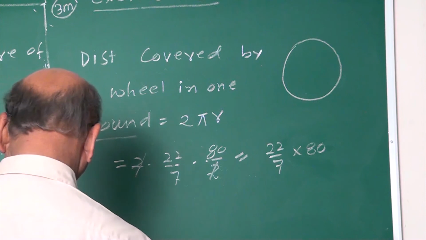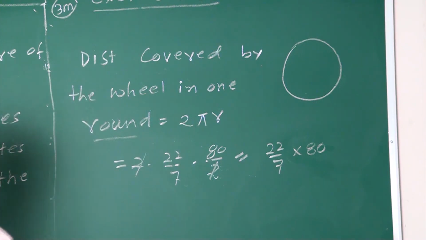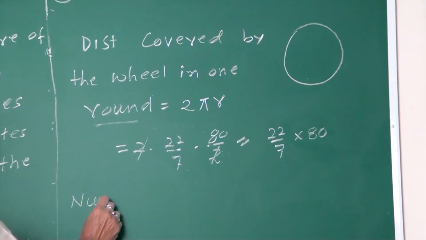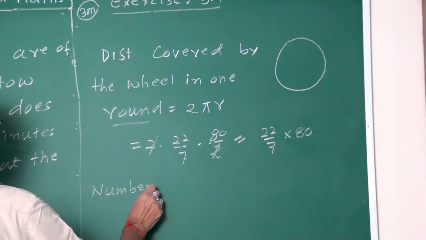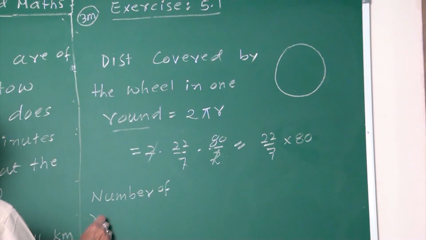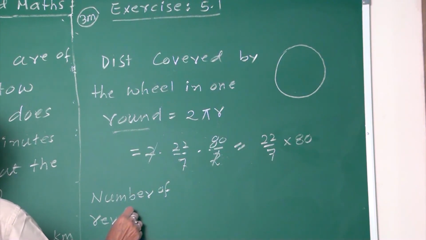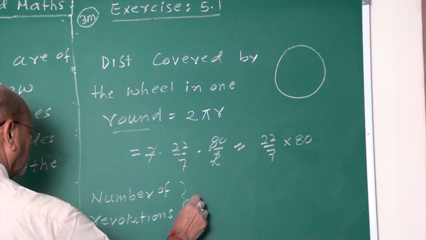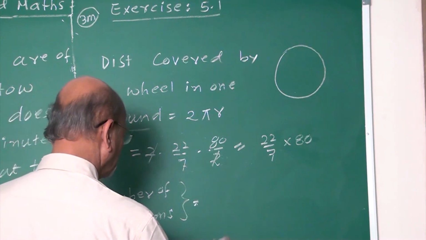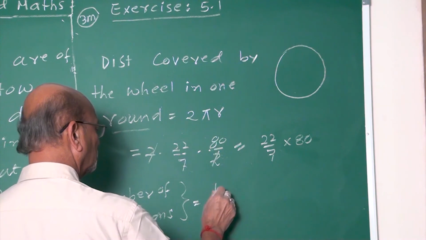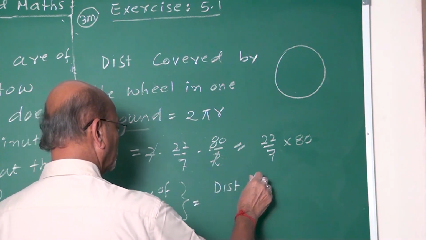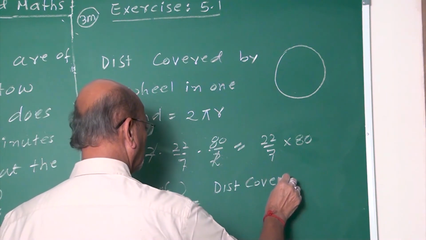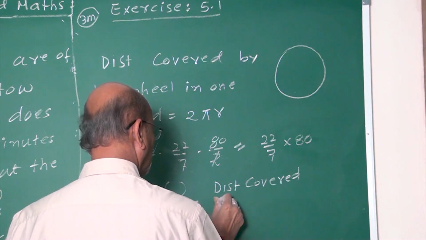One round. Therefore, number of revolutions is equal to distance covered upon circumference.